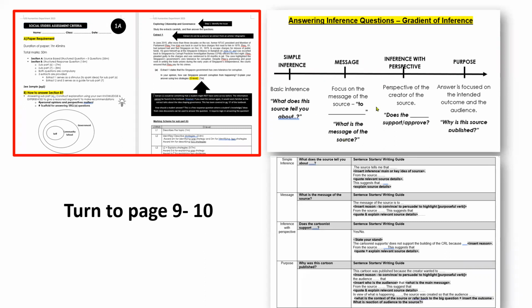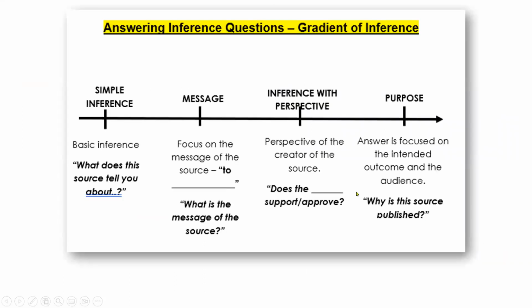So these are the type of gradients of inference and how it can be worded. At the same time, on page 10, it is actually just a simple or basic scaffold, right? Some of us may have trouble in writing out the particular answers. So these are what we call writing guide or sentence starters.